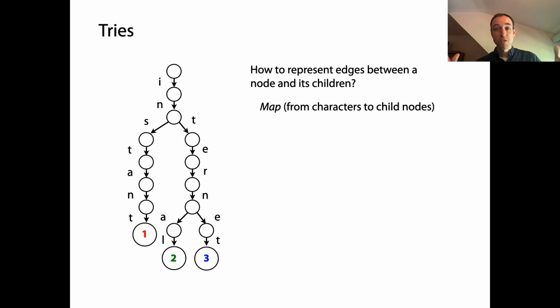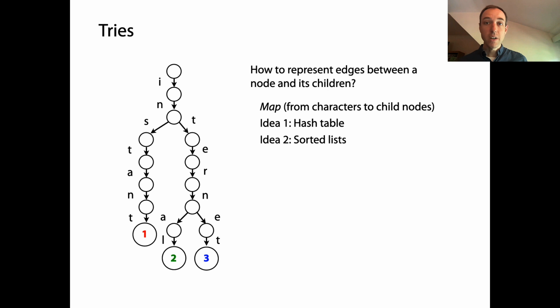So one such data structure would be some sort of map data structure, some concrete data structure that, as its abstract type, is a map from characters to nodes, that would be the children. And so this might be a hash table. It might also be a pair of parallel sorted lists: a list of edge labels and a list of nodes that have those edge labels in parallel.